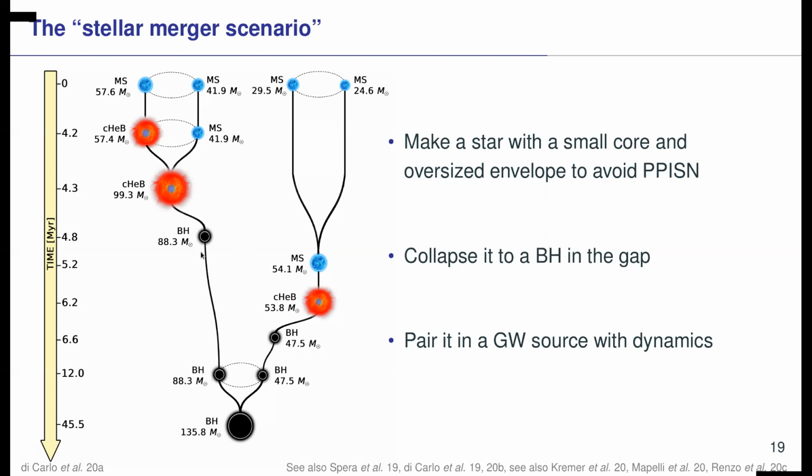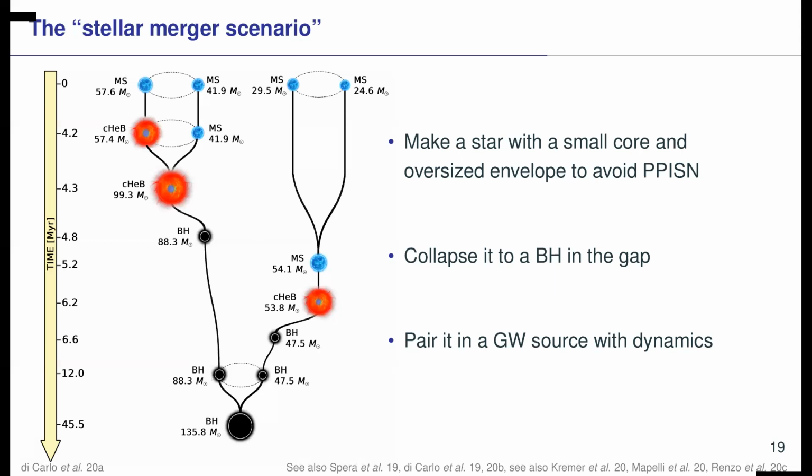And then you made one big black hole. So if you want a gravitational wave event, you have to put this system in a dynamical environment, such as a cluster. And then since this is a very big black hole, it's going to quickly find some other black hole that it can merge with.